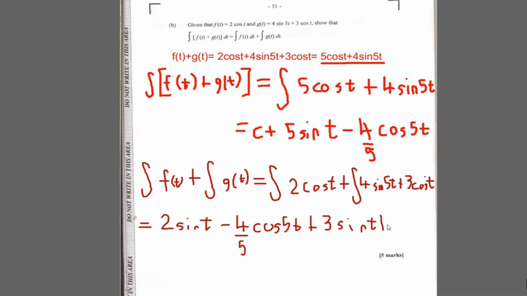Let's call this constant k. All right, and so this works out to be 2 sine t plus 3 sine t. Just to make it look identical, let's call the constant c. You always want it to look identical. Start with the constant first, so it is c plus 2 sine t plus 3 sine t, which is 5 sine t.